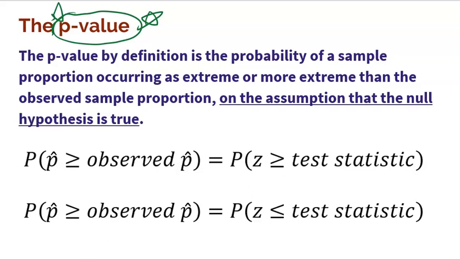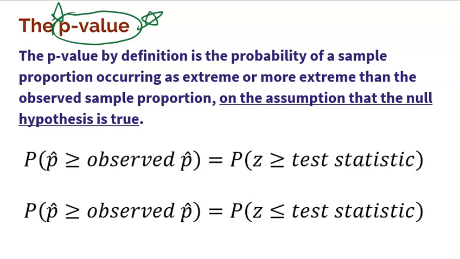So by definition, the p-value is the probability of a sample proportion occurring as extreme or more extreme than the observed sample proportion on the assumption that the null hypothesis is true. Remember, everything has to be on the assumption that the null is true. We're believing that the p that we have as our null is telling the truth, right?